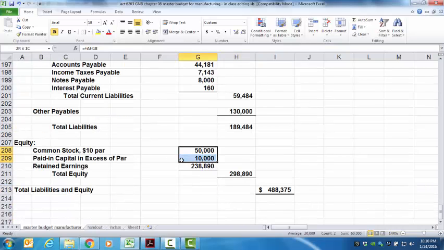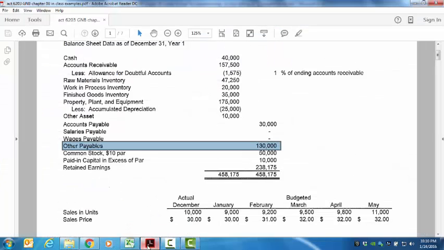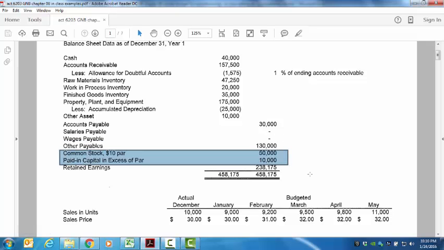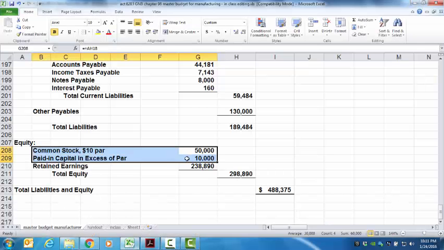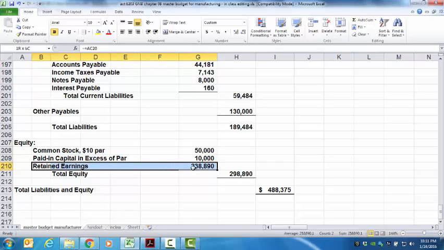The first two accounts, common stock and paid-in capital in excess of par, they are still what was on the existing balance sheet. We didn't do a budget where this company issued more shares of stock or had other changes in equity for simplicity, but we could have done that. We just didn't. So I'll just put those two values on there, 50 and 10, leaving me only with retained earnings.